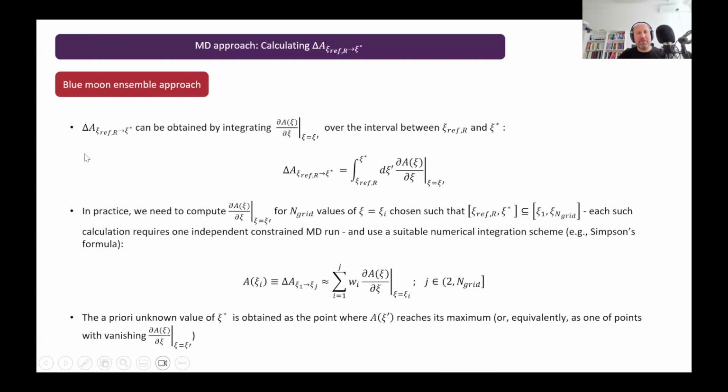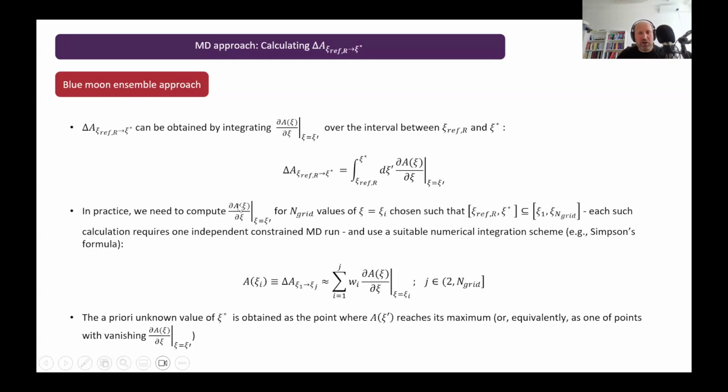Okay, so now having free energy gradients, we integrate them over the path connecting the initial and final state, and this is how we compute the reversible work. In practice, we need to compute the gradients for several integration points with different values of psi, and the integration points should be chosen such that the integration interval is fully included in the interval delimited by the integration points.